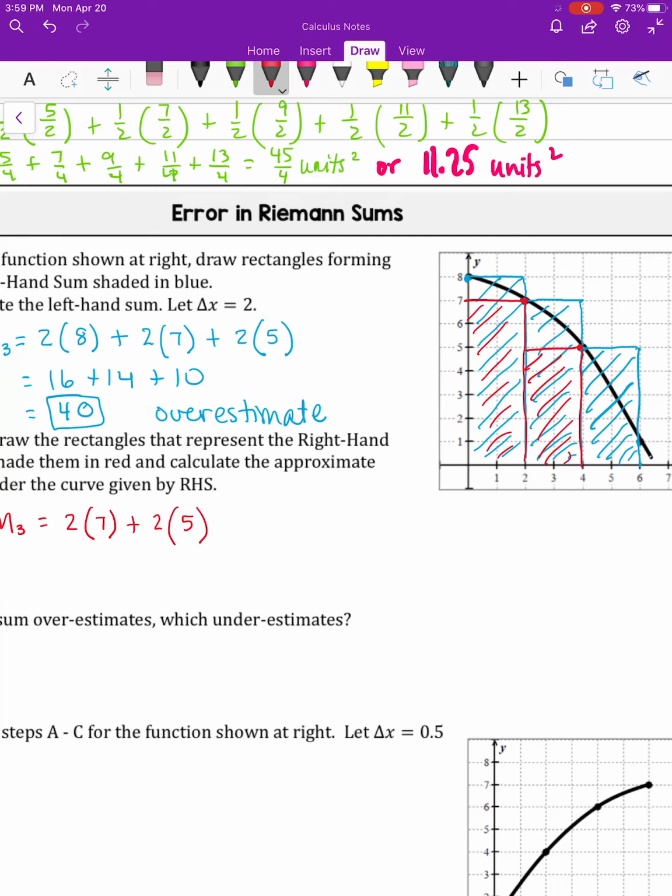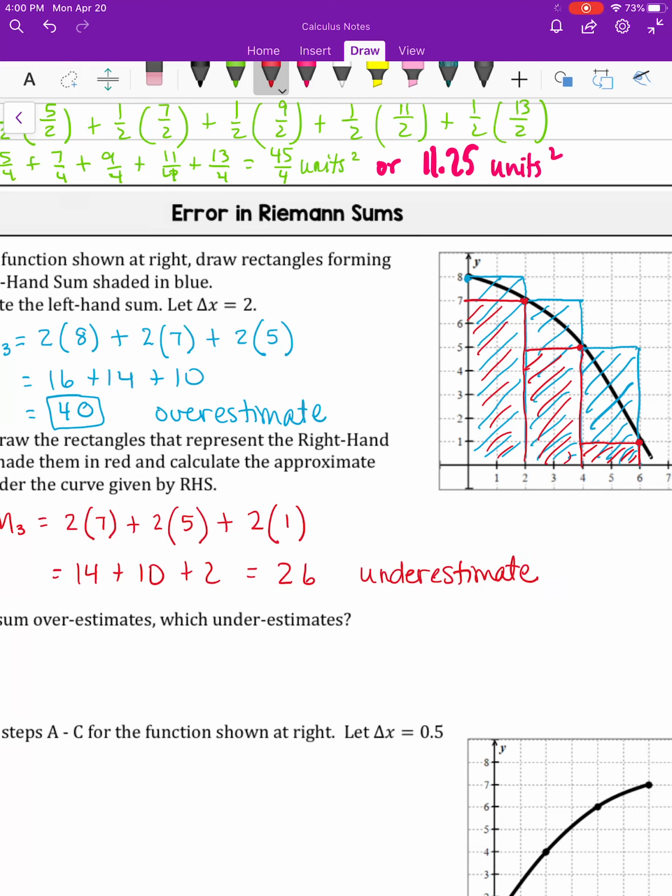So that was my first rectangle. And then I'm using the right-hand side here, and then I'm shading. This will be my second rectangle, still has a width of 2, but I'm using the right-hand side, which is at 5. And the third one, the right-hand side is down here. So I will be doing 2 times 1 because I can see that that right side is at 1.